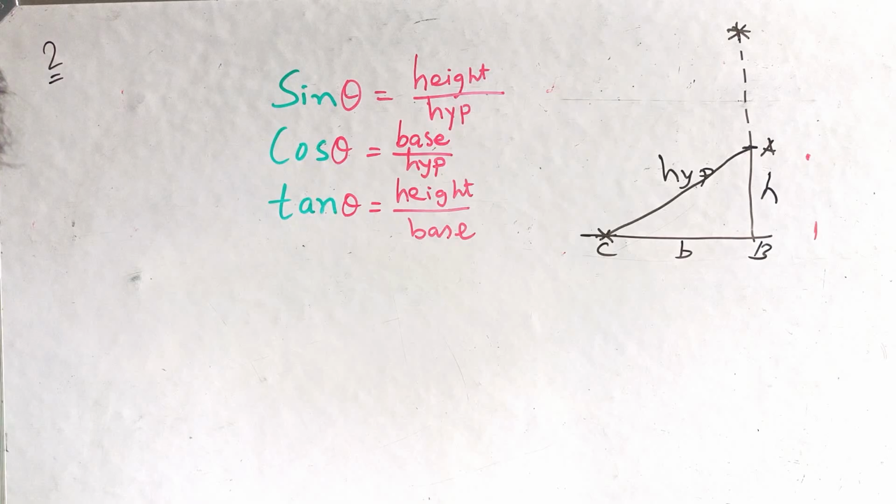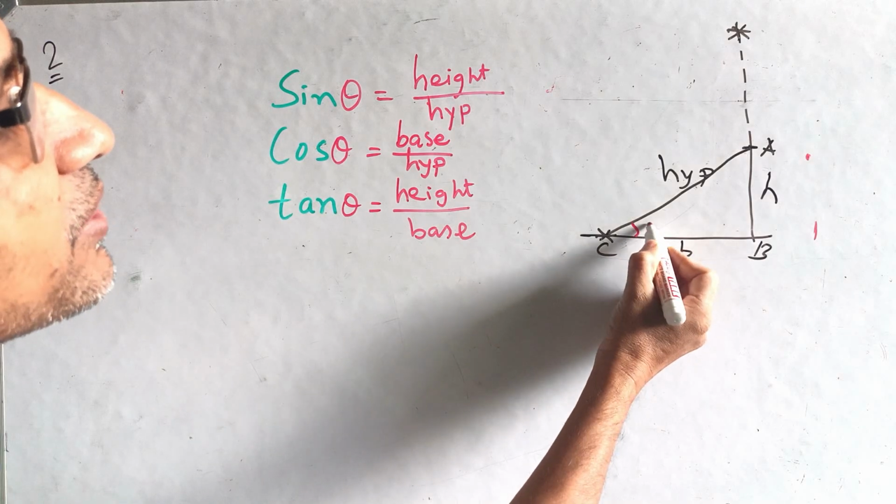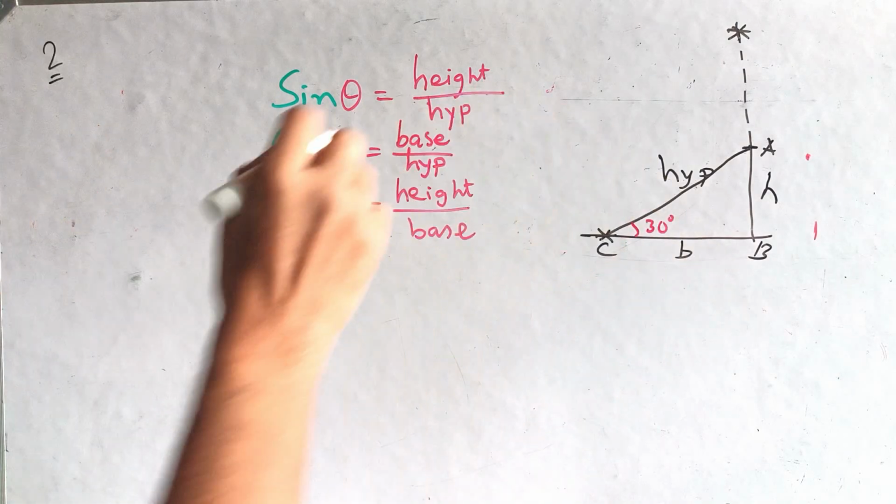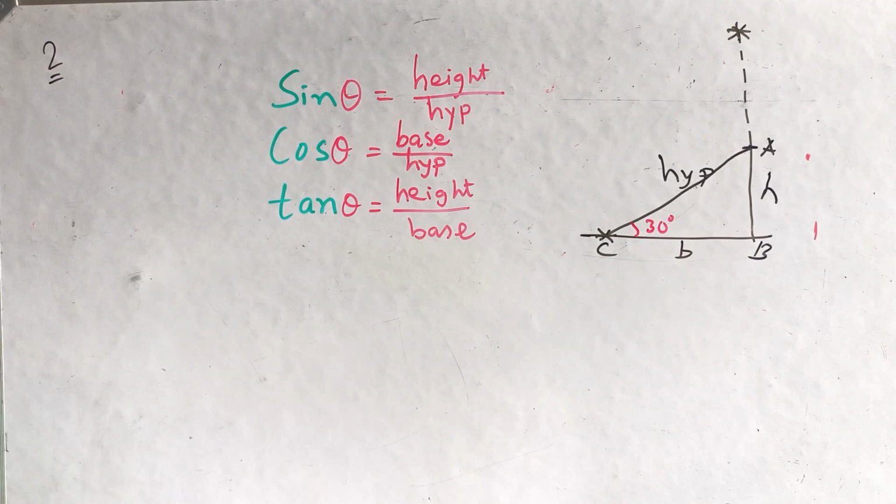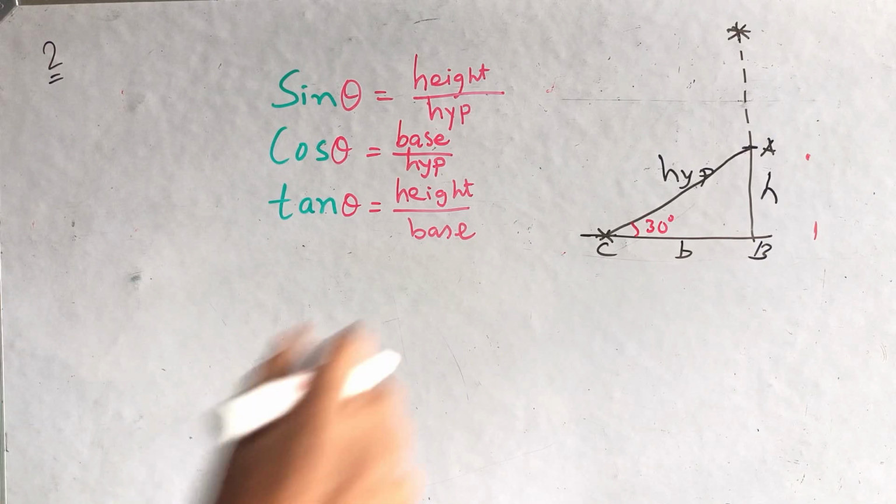Once that is done, let's see what the two parameters given here are. It has given this angle as 30 degrees, so one parameter is given. You have to see what the other parameter is. The distance between the foot of the tree to the point where the top touches is 8 meters.